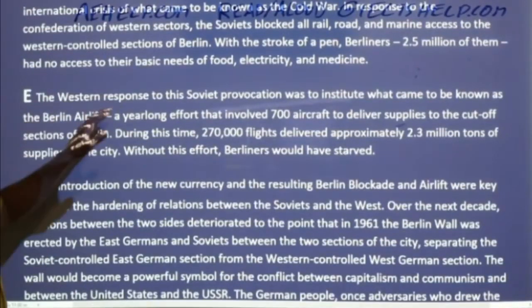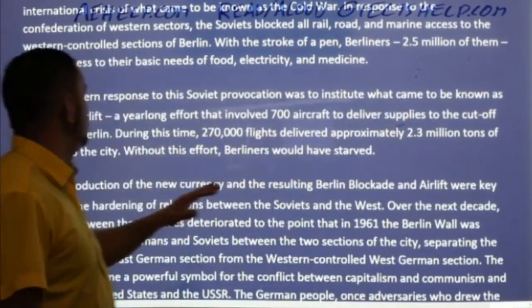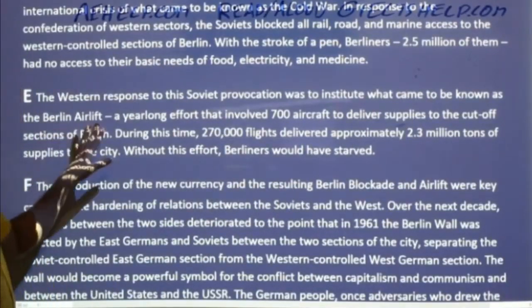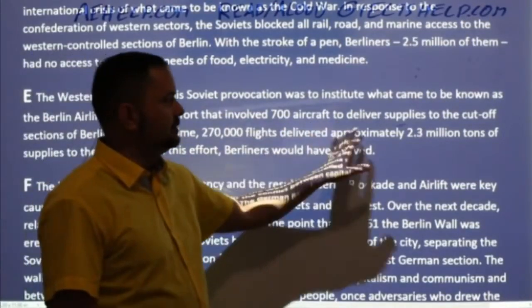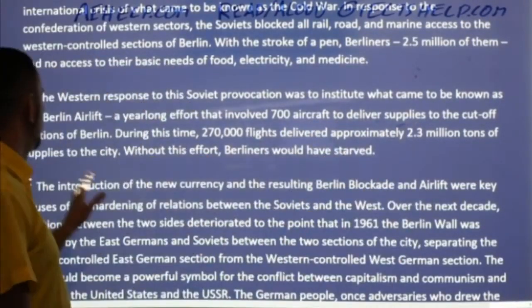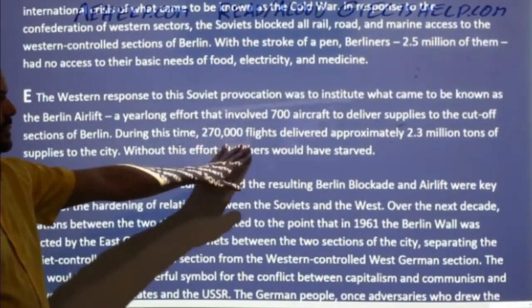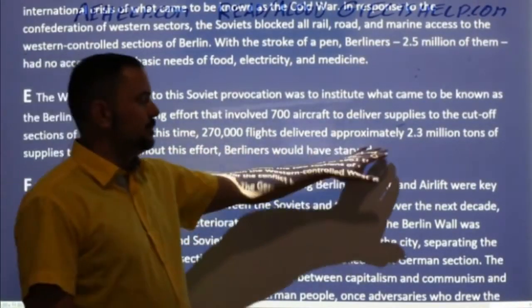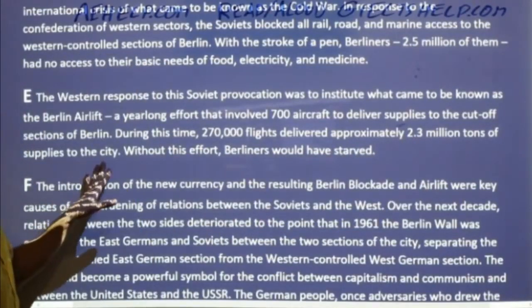The Western response to this Soviet provocation was to institute what came to be known as the Berlin Airlift, a year-long effort that involved 700 aircraft to deliver supplies to the cut-off sections of Berlin. During this time, 270,000 flights delivered approximately 2.3 million tons of supplies to the city.